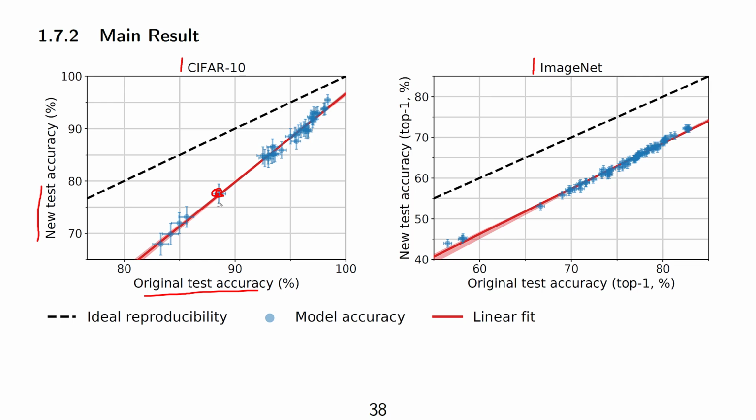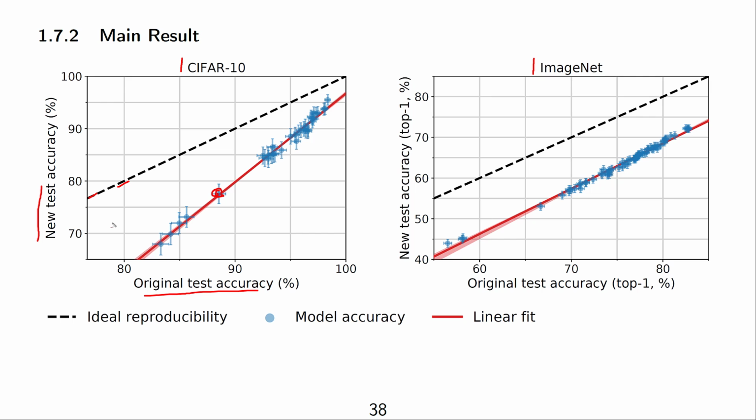So this model that we circled here has an accuracy of about, let's guess, 88 on the original test set and maybe 78 on the new test set. So this particular model has a lower accuracy on the new test set, and quite significantly so, maybe like 10% lower.